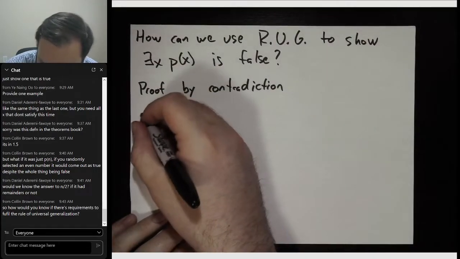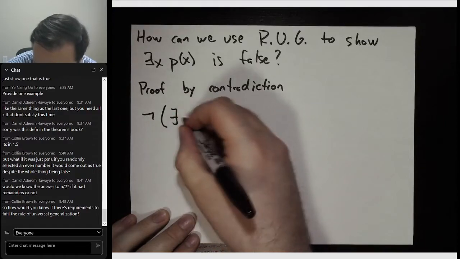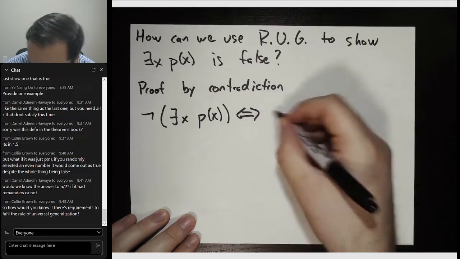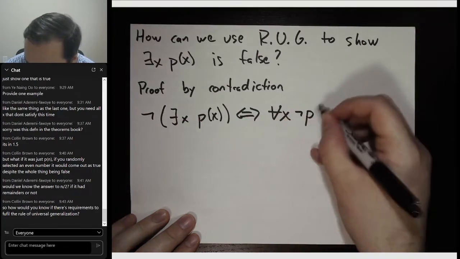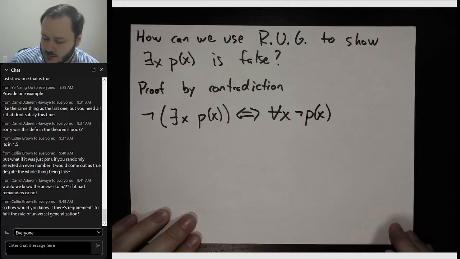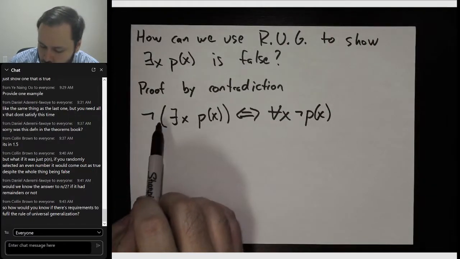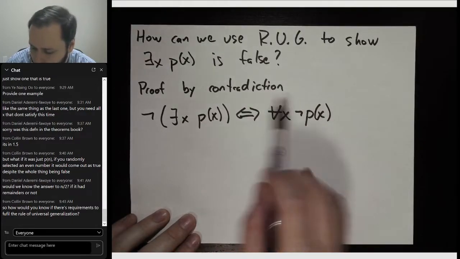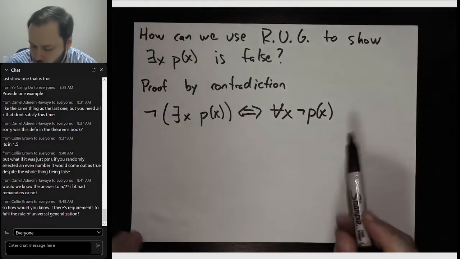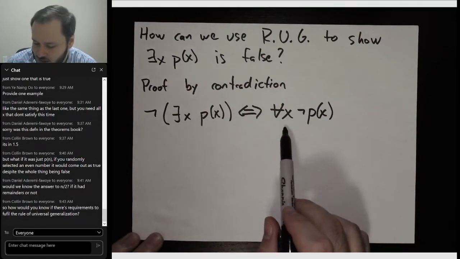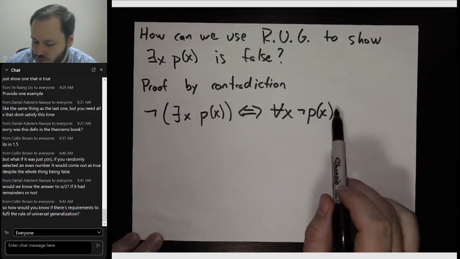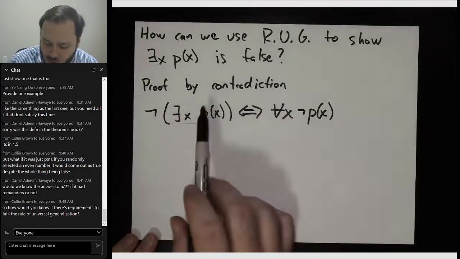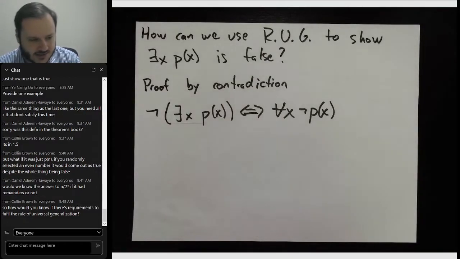Because not there exists x, P of x is logically equivalent to for all x, not P of x. We can disprove existence statements by instead proving a universal statement. And then we can just pick any x arbitrarily, show not P of x is true, use the rule of universal generalization, and now that's equivalent to showing not there exists x, P of x.